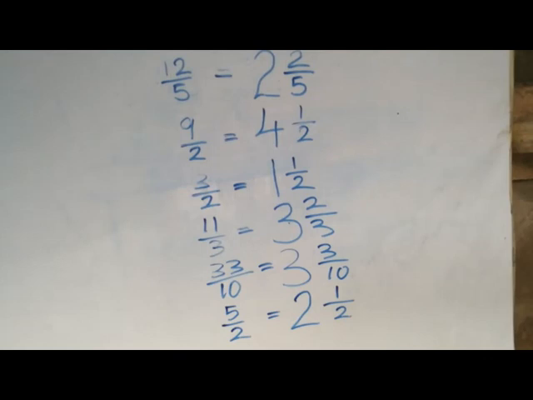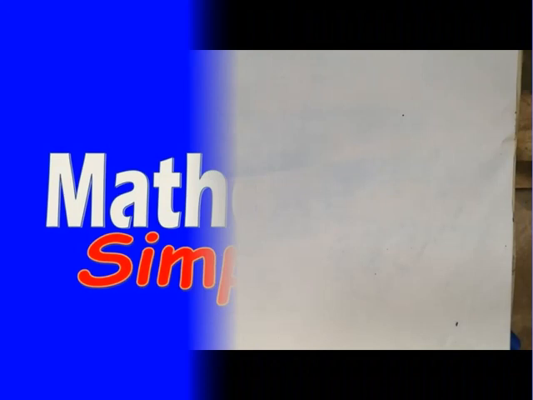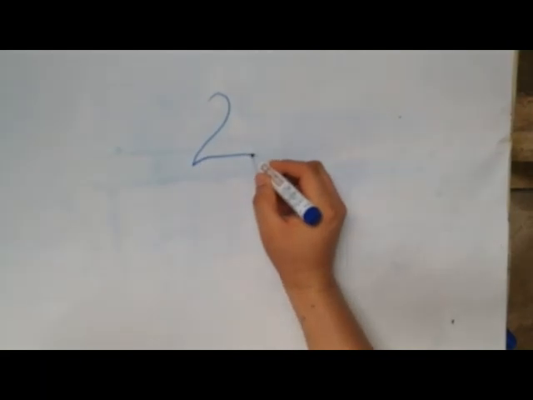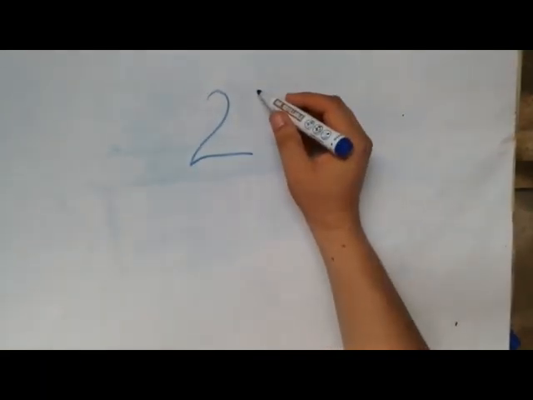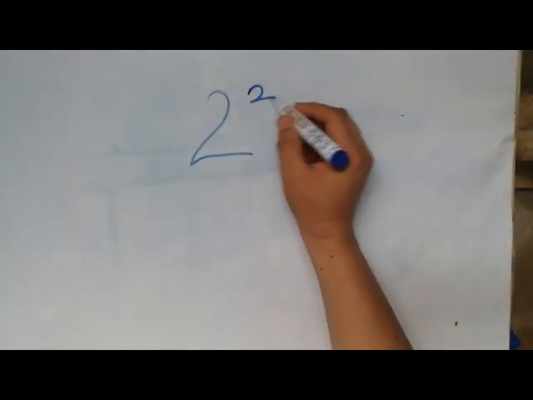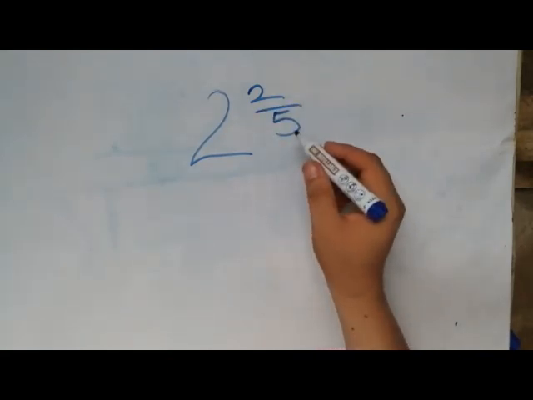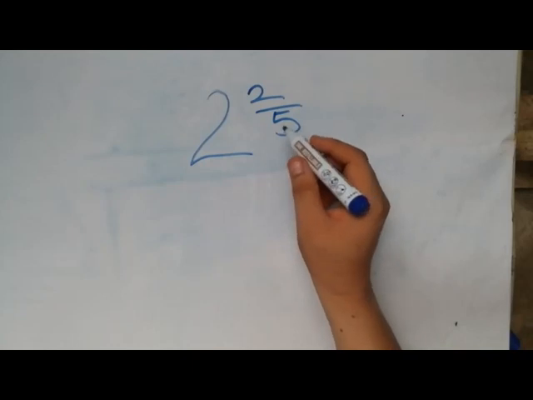So let's now try to convert mixed fraction to an improper fraction. If we have 2 whole number 2 over 5, the way to do this is this denominator will always remain constant.